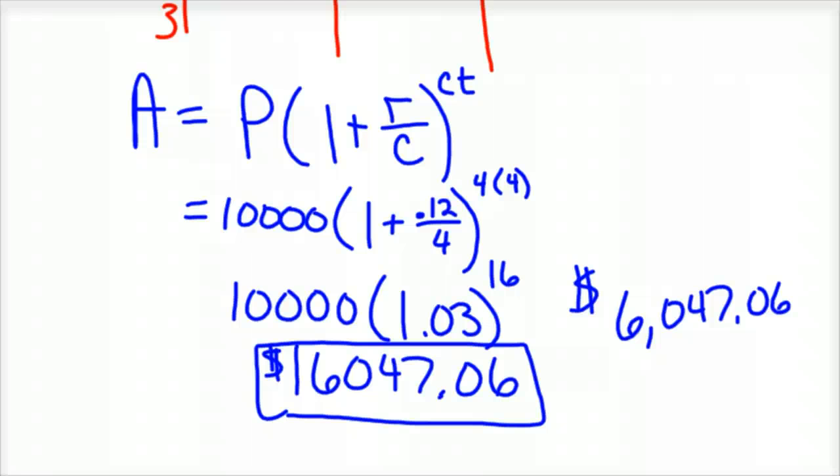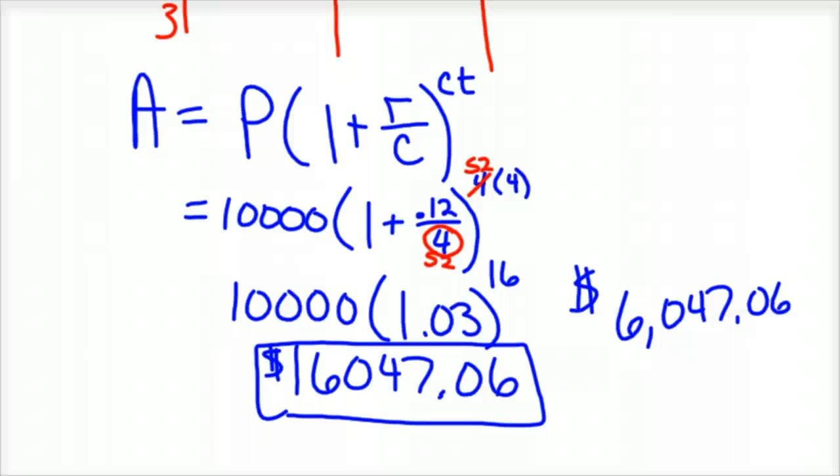So instead of a 4, you'd put a 52 here. And so that's going to be even more money. But eventually you run into diminishing returns. I mean, it's not going to make as much of a difference by compounding it weekly as opposed to quarterly.